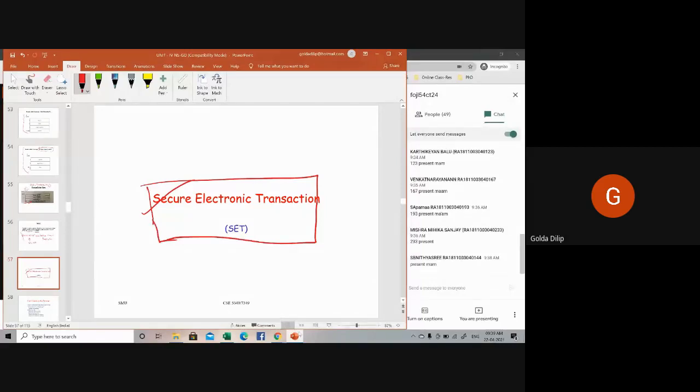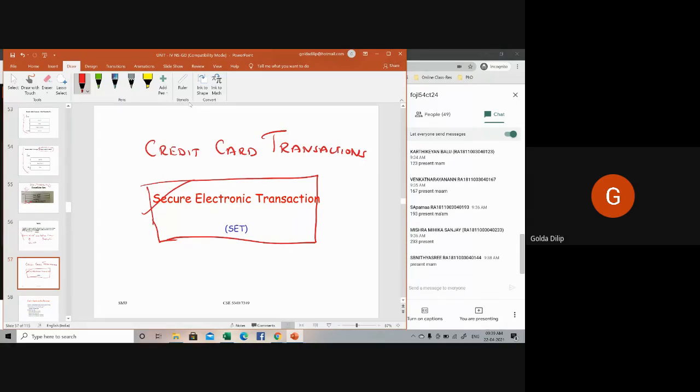Okay, so the next topic is regarding Secure Electronic Transaction. This is a protocol or a specification designed to protect credit card transactions on the internet.